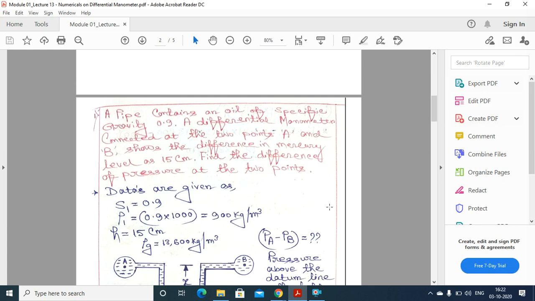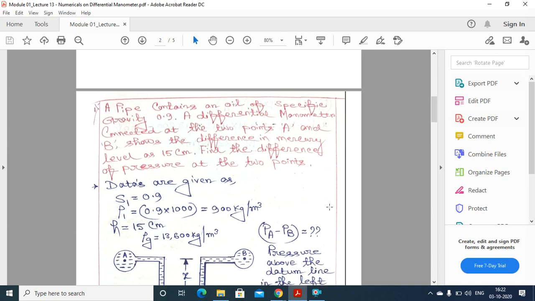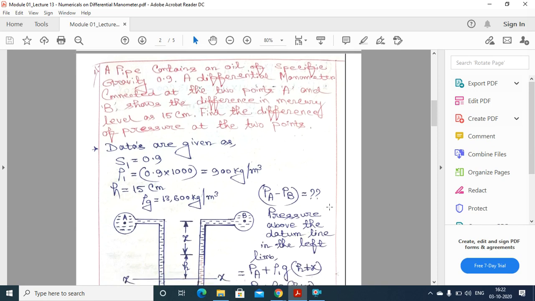Find the difference of pressure at the 2 points.